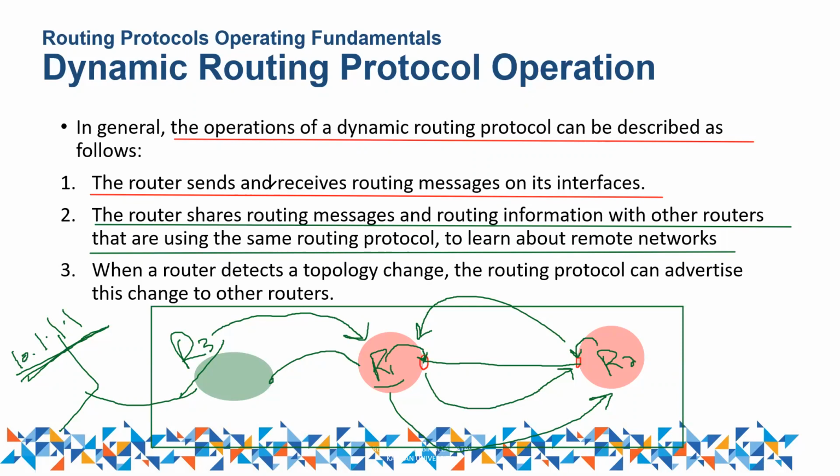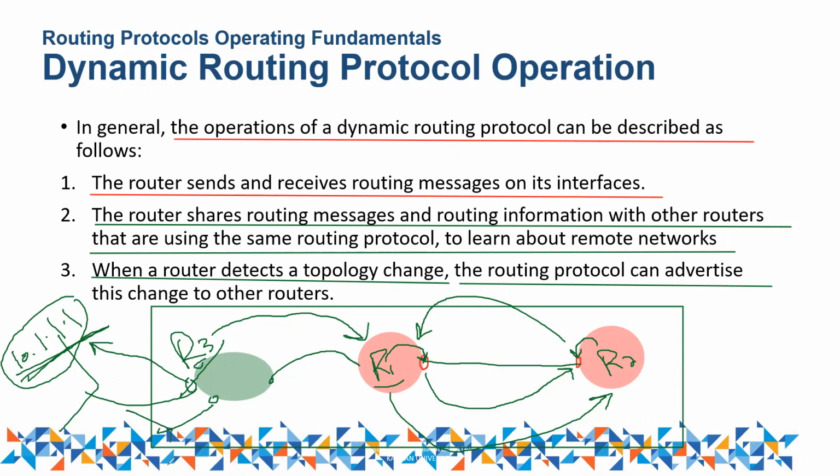The third one: when a router detects a topology change, the routing protocol can advertise this change to other routers. Let's assume, for example, this interface had an IP address from this network. Suddenly the network administrator changed the IP address, so some changes are occurring here. Or maybe a new interface is added here. So topology changes are made here.